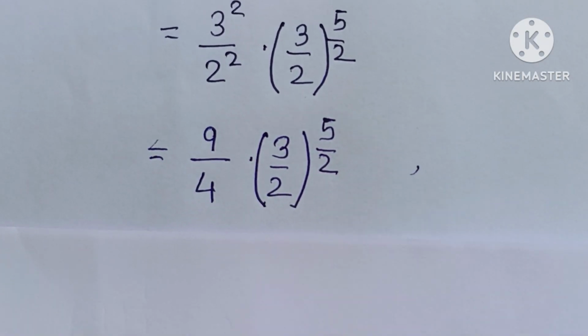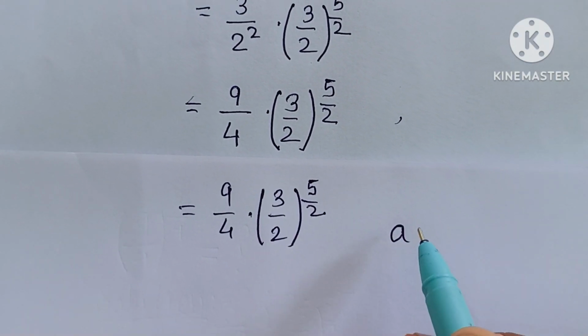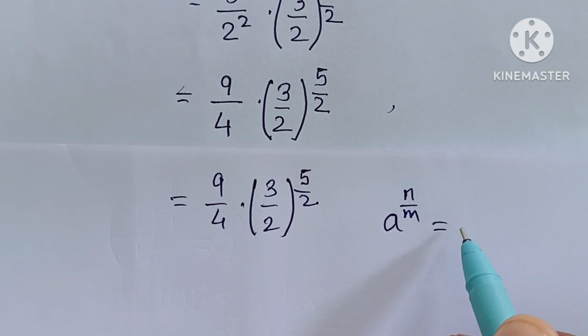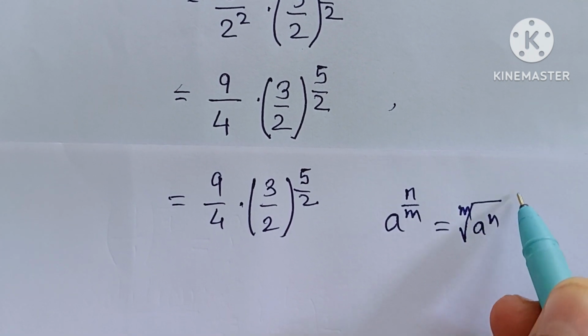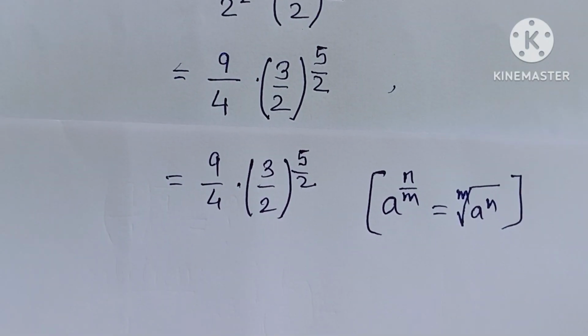Now see here, a raised to the power n by m is equal to the mth root of a raised to the power n. This is the formula we have to apply here.